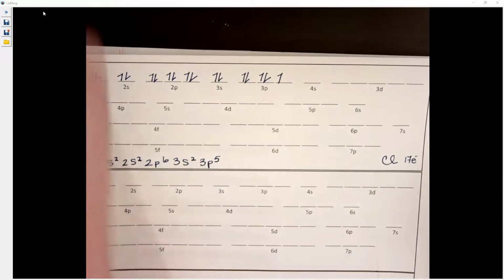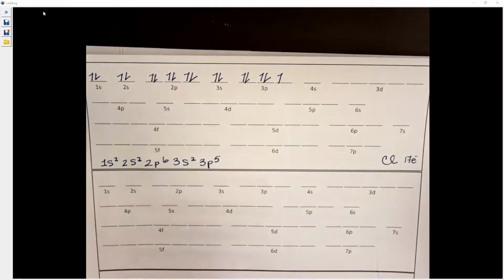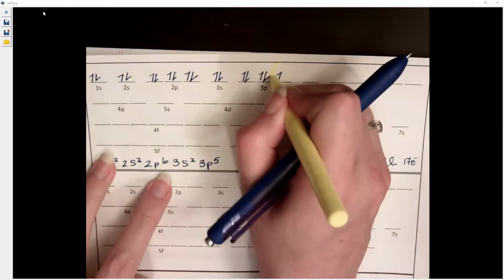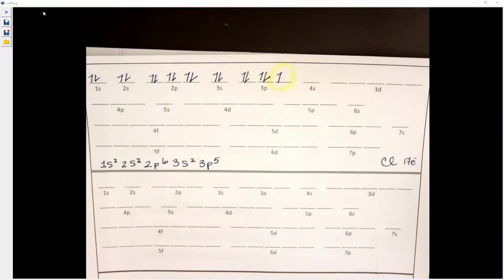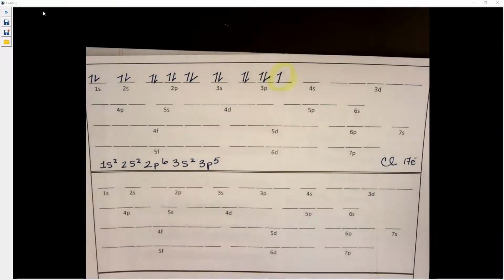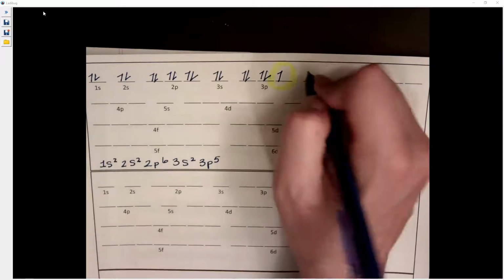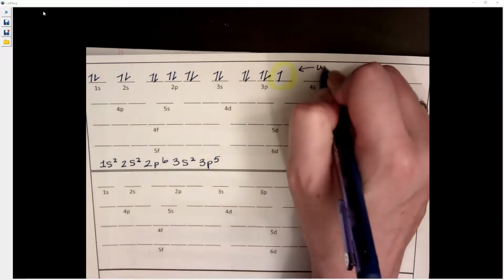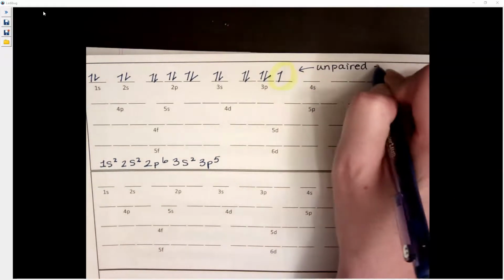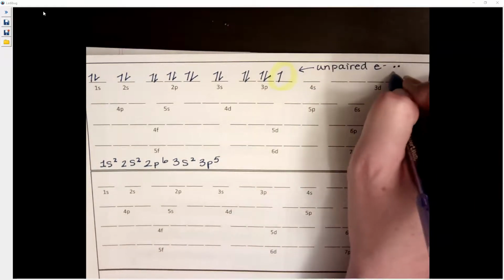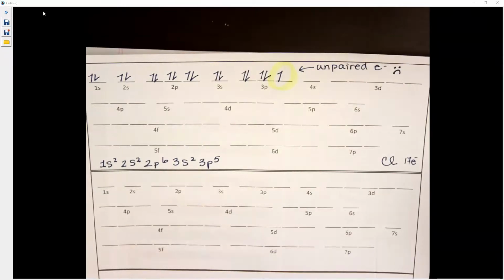One thing to notice, poor little chlorine over here has an electron that's all by itself. This is an unpaired electron. That is a sad thing. Okay?